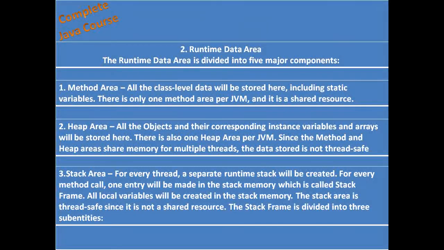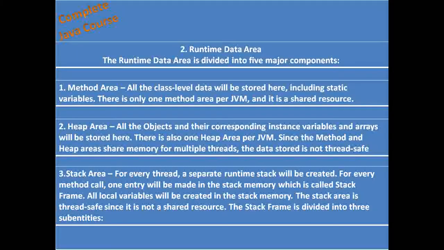Number three, stack area. For every thread, a separate runtime stack will be created. When we create a thread, a runtime stack will be created. For every method call, one entry will be made in the stack memory, which is called a stack frame. As you call a method, one entry goes to the stack.